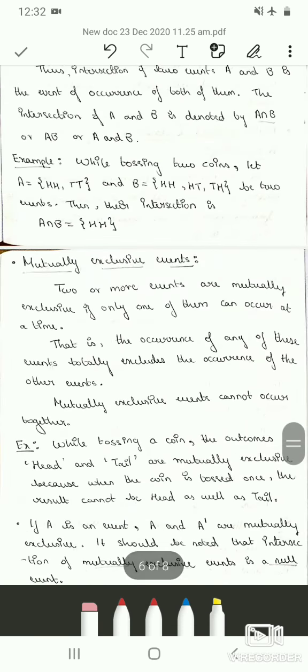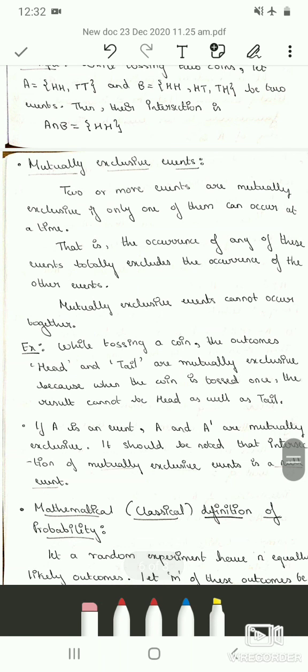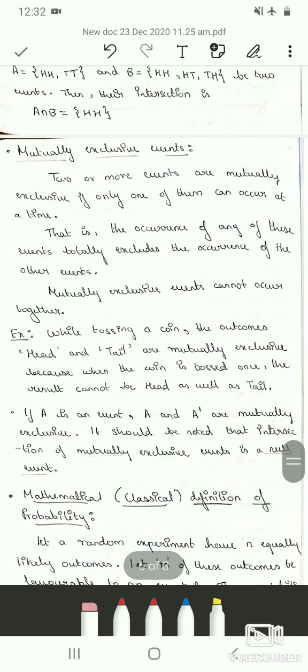So the next important definition is mutually exclusive events. Two or more events are mutually exclusive if only one of them can occur at a time. That is, the occurrence of any of these events totally excludes the occurrence of the other event. Mutually exclusive events cannot occur together.